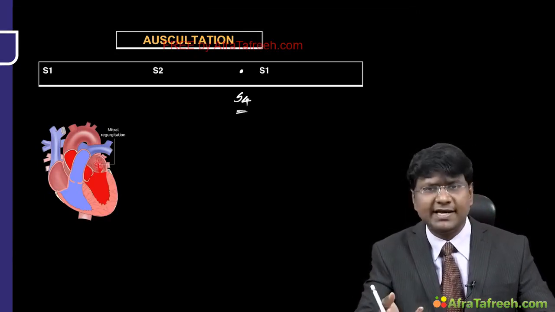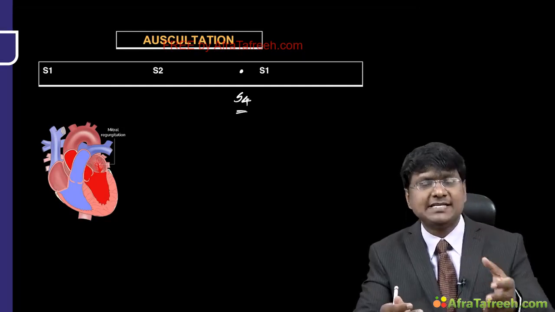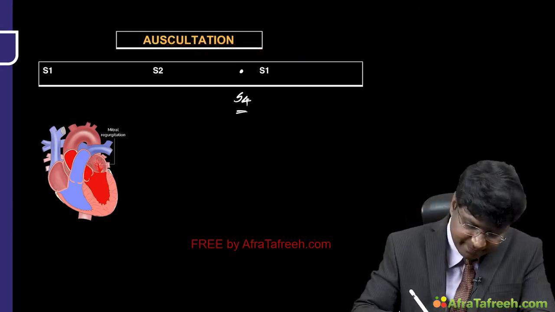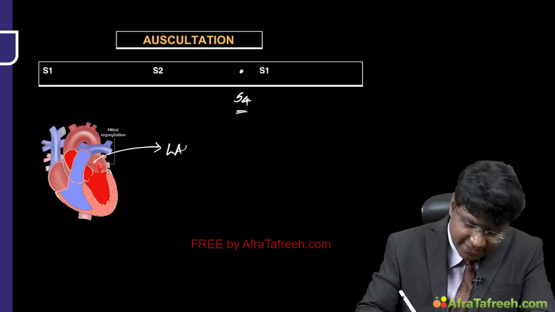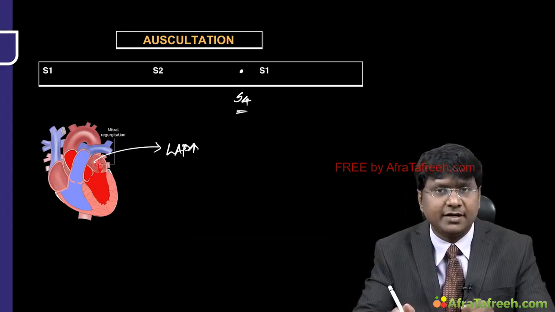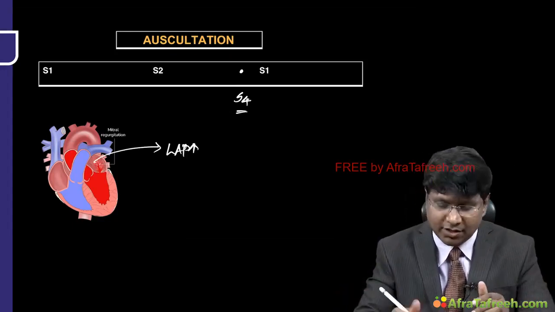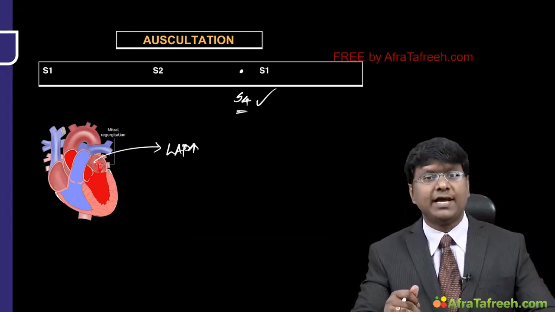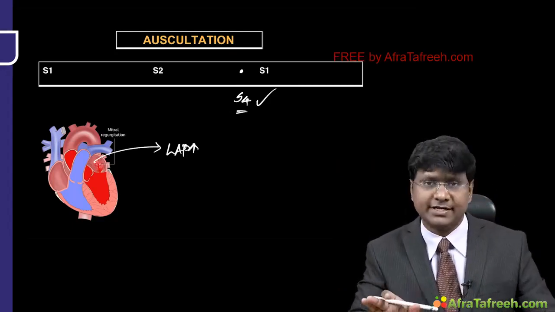Again the same story. What has happened to the left atrial pressure in case of left ventricular dysfunction? The left atrial pressure is elevated. So once the left atrial pressure is elevated, if the left atrium has to send the blood into the left ventricle, the left atrium has to contract very strongly, and thereby, because of a stronger left atrial contraction, you will have the presence of a pathological S4.